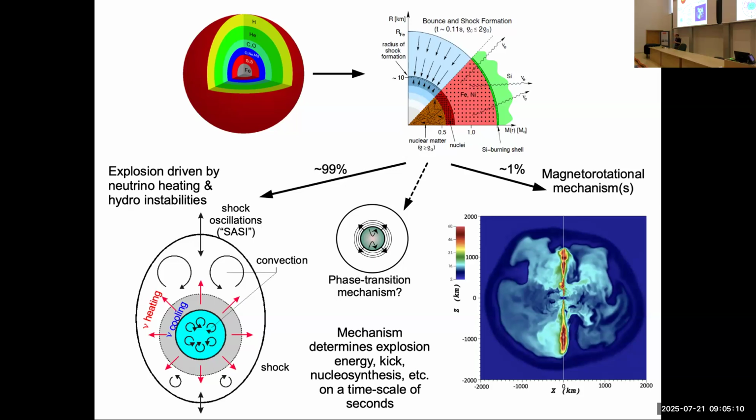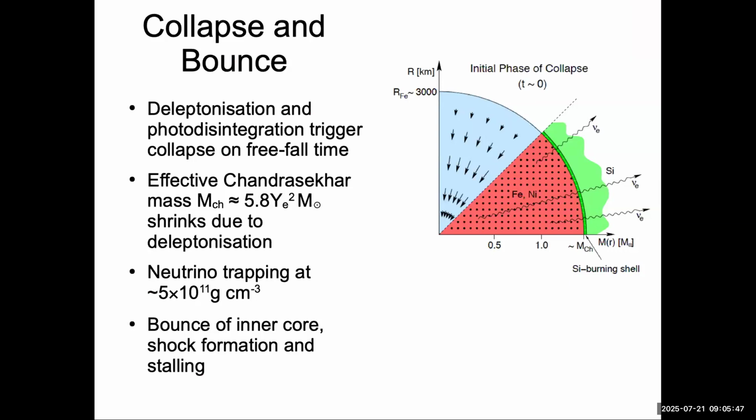And then there's this other scenario that we may also talk about at this meeting that has been brought up by Tobias Fischer, which is that you could have a second collapse at some point where a phase transition triggers a collapse and then a second rebound and then a shock forms. The parameter space for that, I think, is probably narrow. It's maybe applied to a subset of core collapse supernova explosions, but I think these three are the ones that deserve to be mentioned.